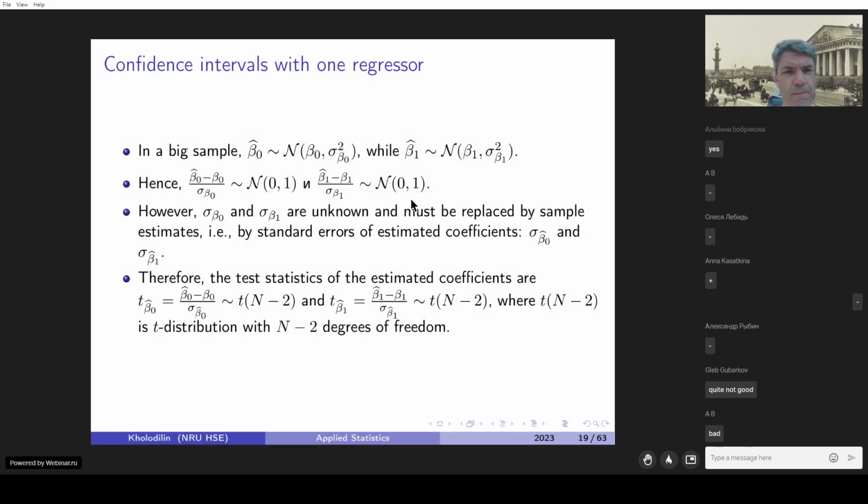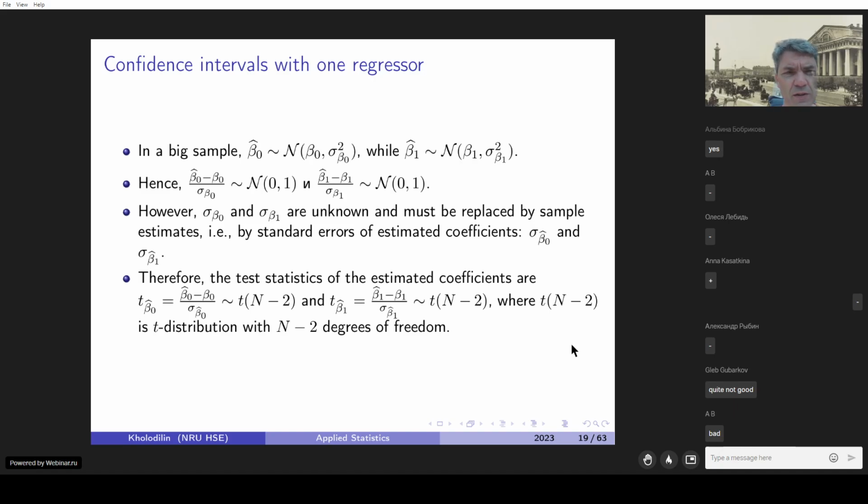So in big samples, when n is large, we can say that both coefficient estimates are normally distributed. Each of them has its mean and its standard deviation, or in this case, variance, sigma squared beta 0. Don't confuse it with the variance of errors, which is sometimes denoted as sigma epsilon.